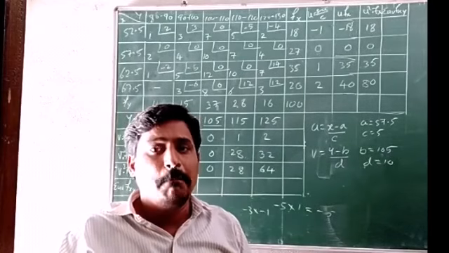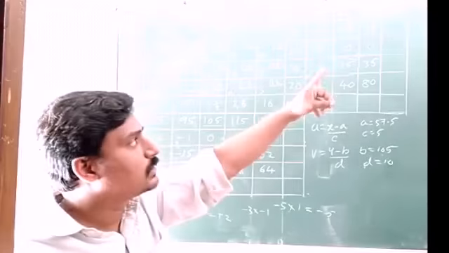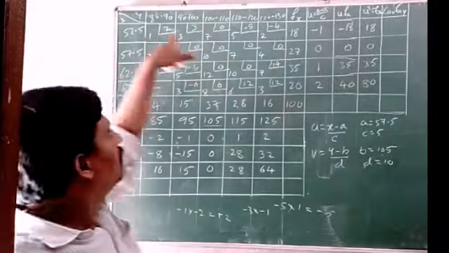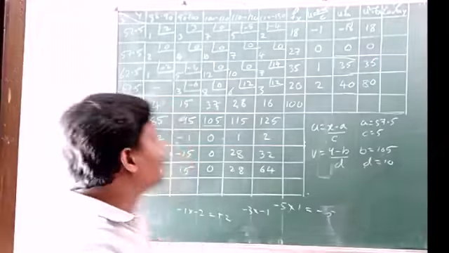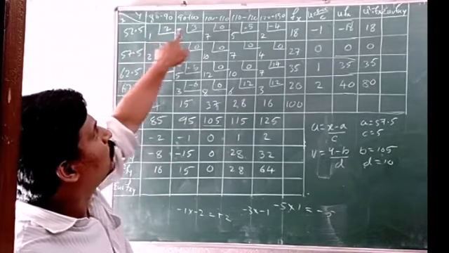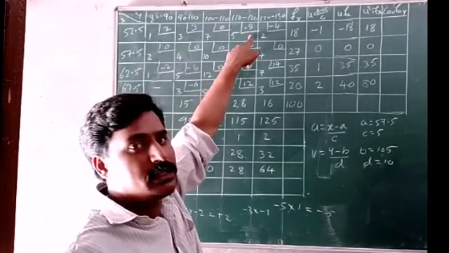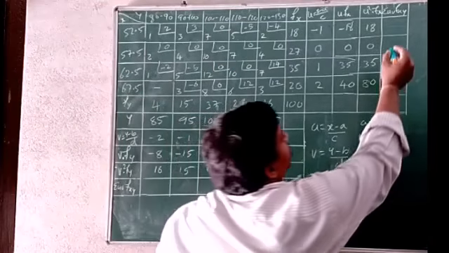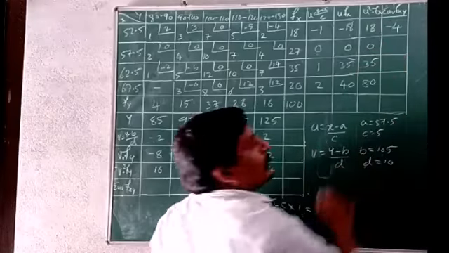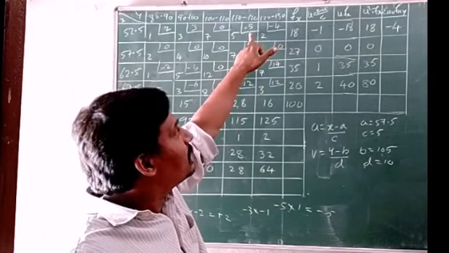Now make the total. So of each row, write total there, and each column's total right here. First make the total of rows here. So here 2. 2 plus 3, 5. Plus 5 minus 5, 0. 0 minus 4 is minus 4. So I repeat once again. Minus 4 plus minus 5.